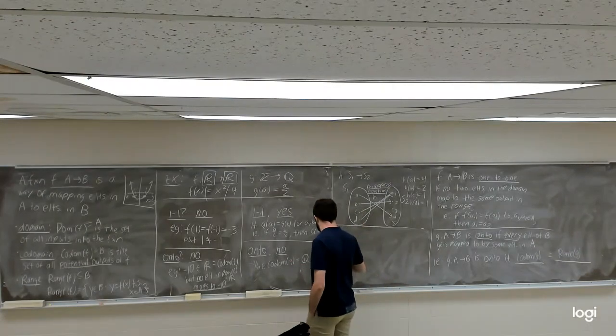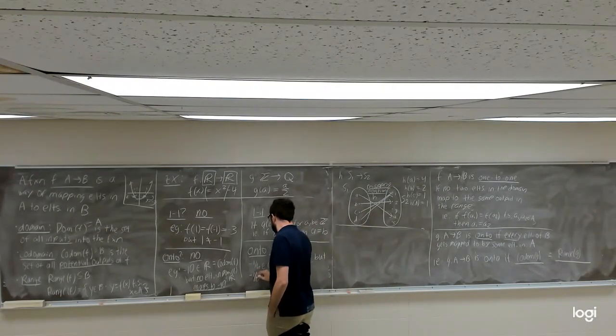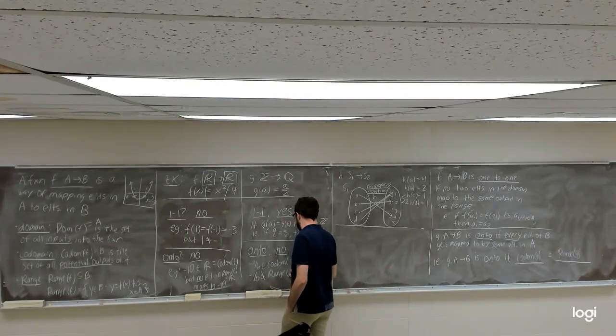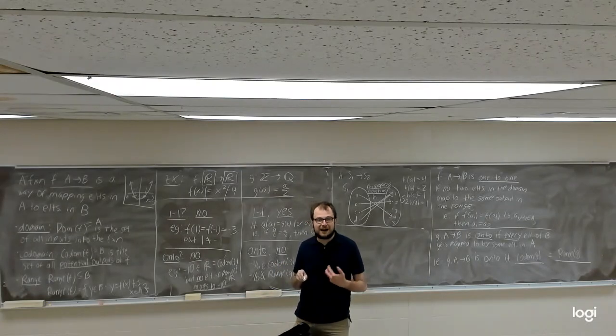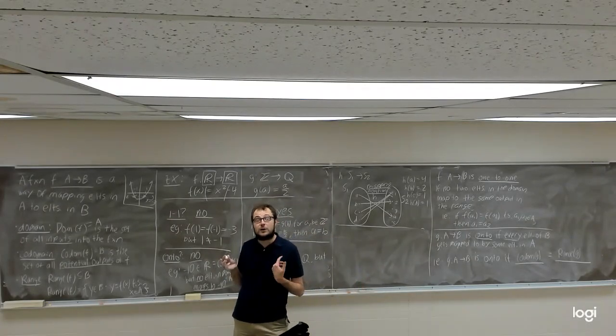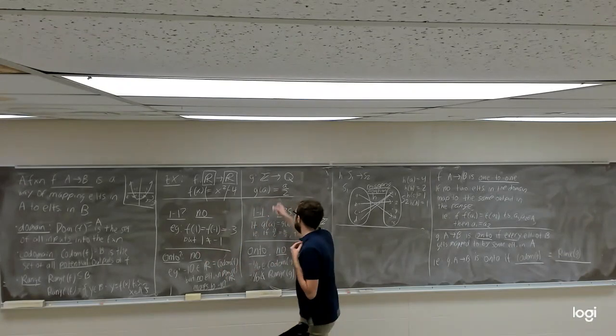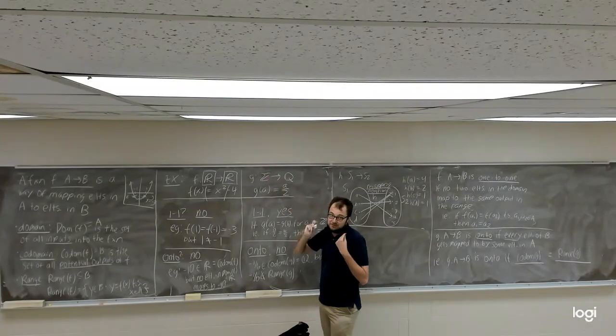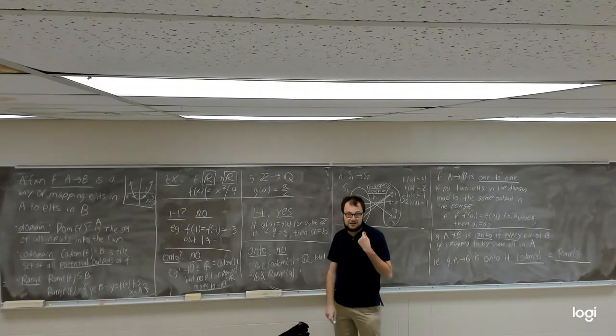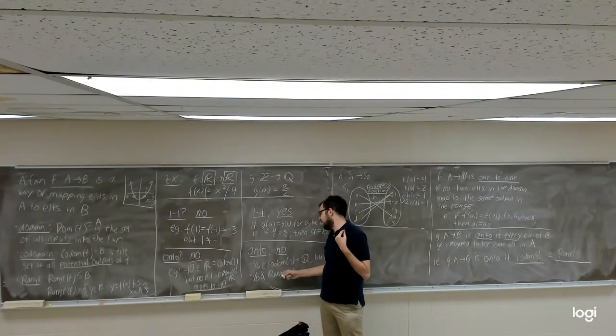But -1/6 is not going to be in the range, because there is no integer you can divide by 2 to get -1/6. There's another rational number, -1/3, that you can divide by 2 to get -1/6. But nothing in our domain is going to map to -1/6. So the codomain and the range are not the same set, therefore our function is not onto.